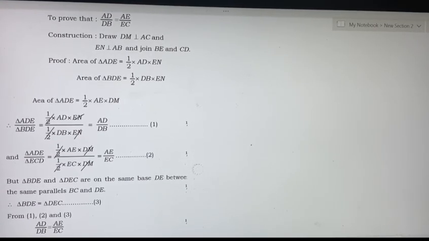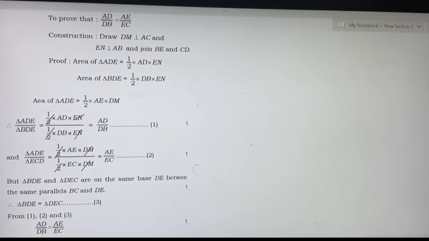So from equations 1, 2 and 3, we prove that AD by DB is equal to AE by EC. So we need to write all the steps to get the 3 marks. Okay, so this is all about Thales theorem.